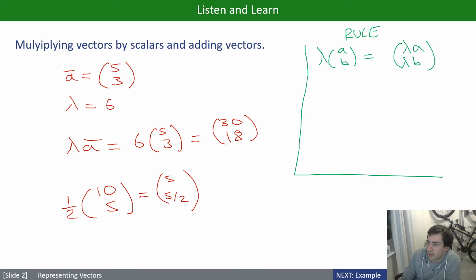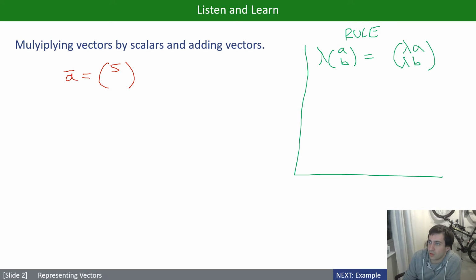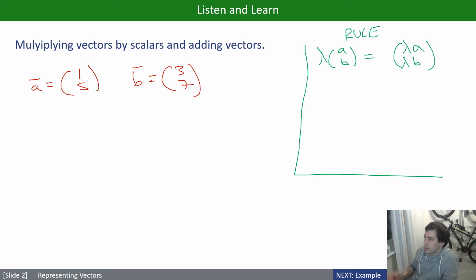And then the other thing is addition. So let me just fast forward and clear this. We need 2 made up vectors. Let's call them A equals (1, 5), B equals (3, 7). And I say take those 2 vectors, head to tail, add them up.